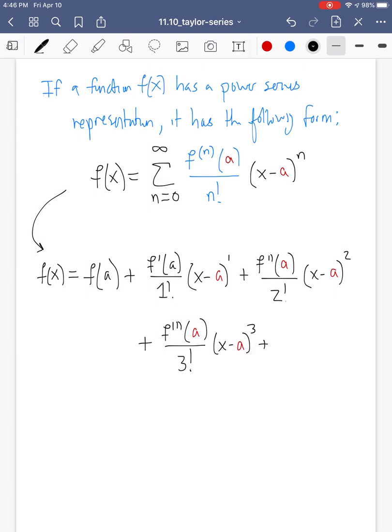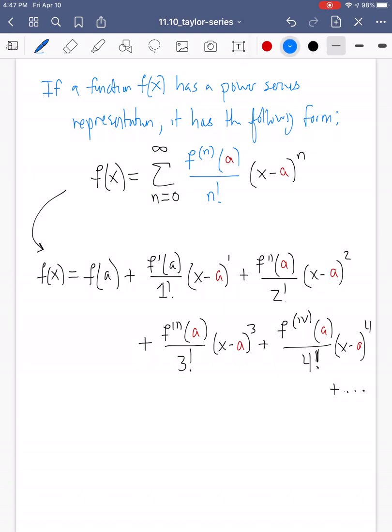The fourth term, you guessed it, we take the fourth derivative, evaluate that derivative at a, and multiply by x minus a to the fourth power. And again, this is an infinite series, so this thing would just go on forever. But hopefully you see that this is now a recipe for finding each coefficient of a power series for a specific function that we care about.